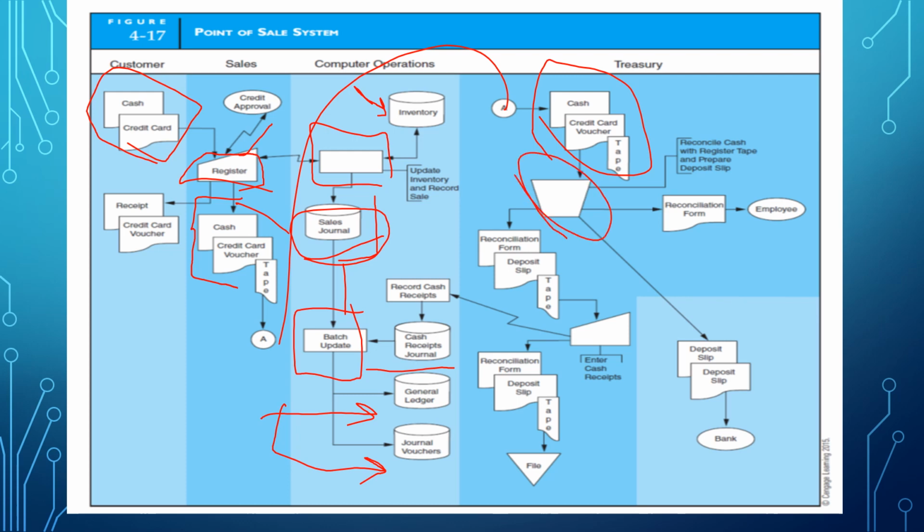If you notice here, it's a manual process, and to reconcile they will fill up the reconcile forms and keep them with the employee who signs there, and then one copy of the reconciliation form and deposit slip will be sent to entry of cash receipt and filed, and later the cash will be sent to the bank to deposit the slip and also deposit the cash.